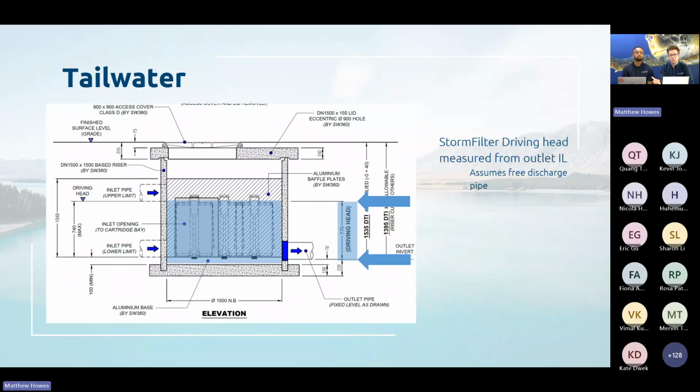If there is tailwater from a structure downstream, whether that is a tank with extended detention, retention, or whether there's a pond, swale, or wetland downstream, if that surcharges the storm filter, that will reduce the effective driving head of the storm filter. Remember, the driving head is measured assuming a free draining discharge.